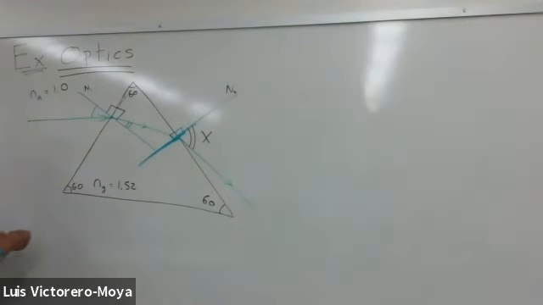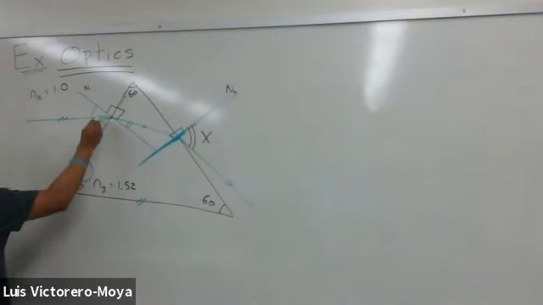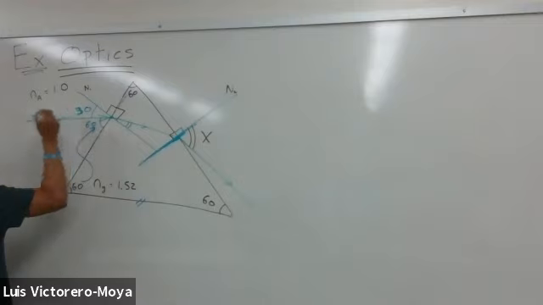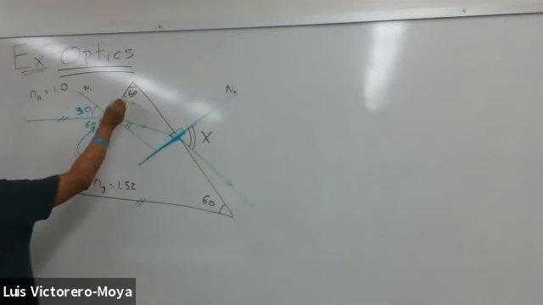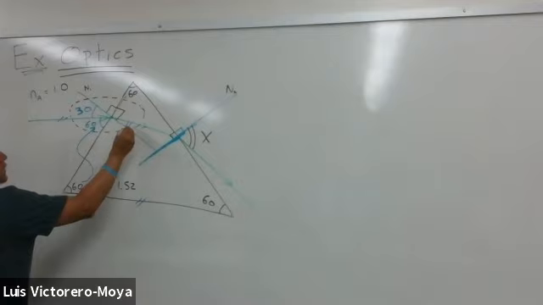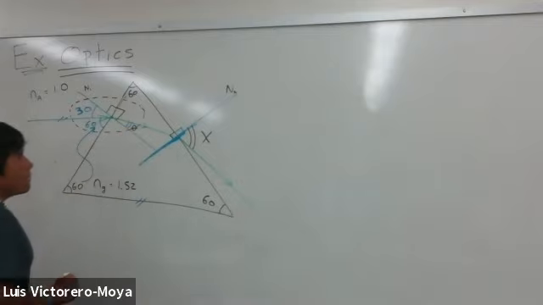So by geometry, since this is parallel to this, we know this angle is 60, and all is 90, so the angle of incidence was 30 degrees. So I apply Snell's law here. I want to find the angle here, theta. Right?